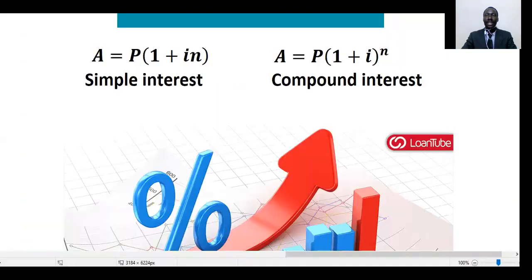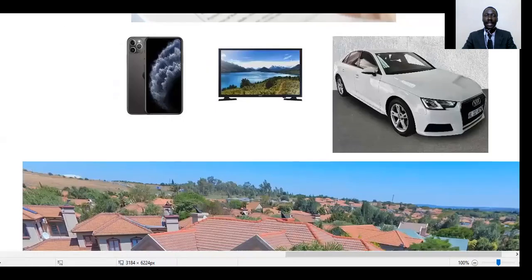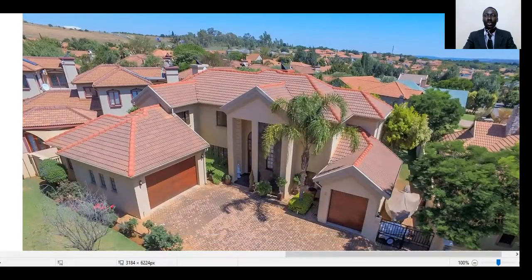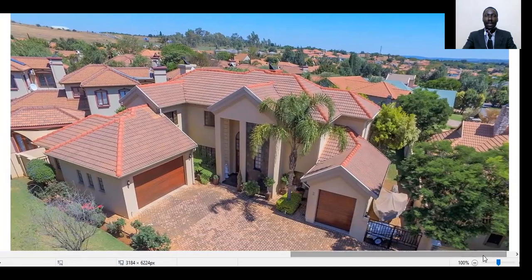And obviously it will increase. So suppose that you had some money and you put it somewhere, a fixed deposit account, or you bought some land or some property, and you're planning to sell it after some time. Let's say you've bought a really nice house, and you will want to sell it after some time.